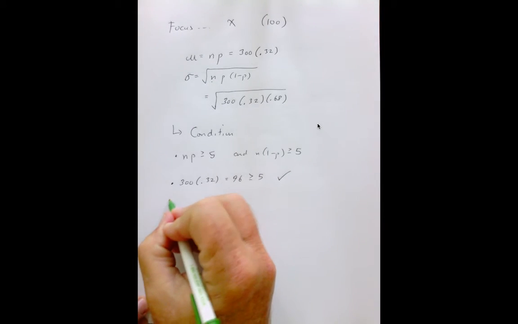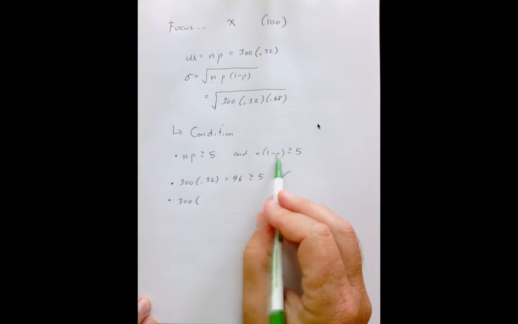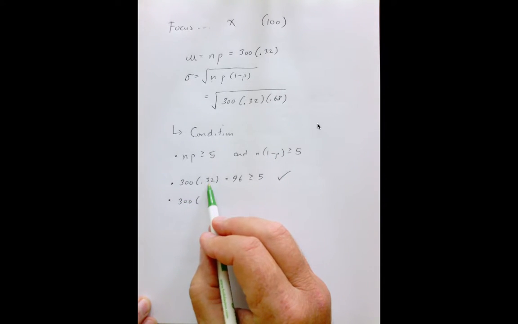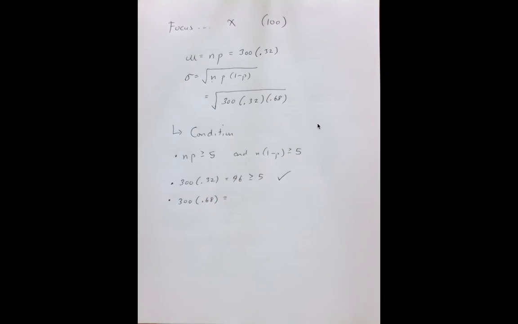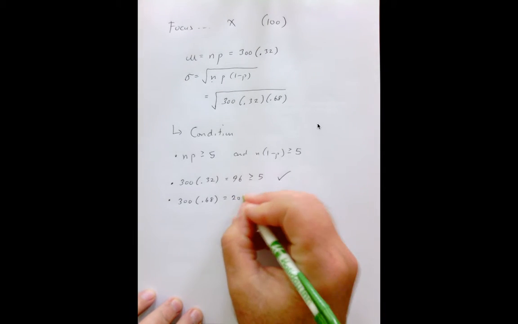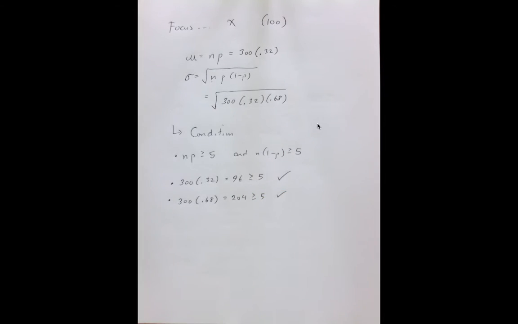My next one is I need 300 times 1 minus P. Again, if you need to use your calculator, that's fine. But I see that that's 0.68, and that's going to be 204. That's greater than 5, so life is good. I don't know about life is good, but our conditions are tested.